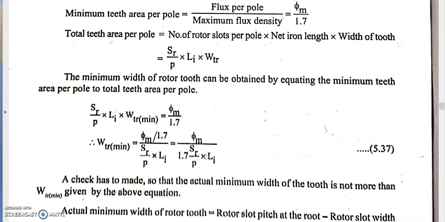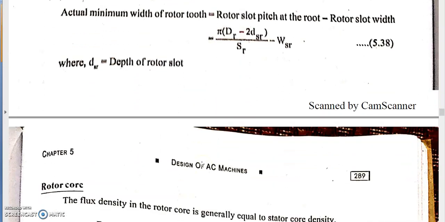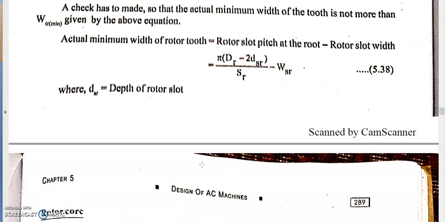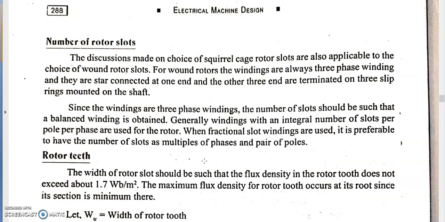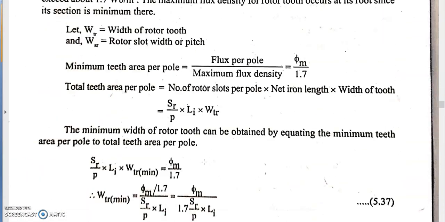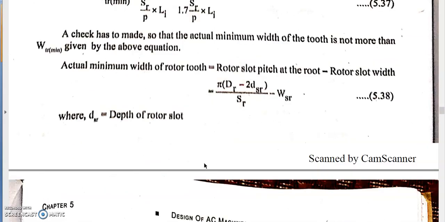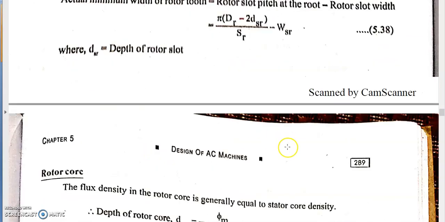So here we have designed the total number of rotor turns, the area of cross section of the rotor conductors, and the total number of rotor slots. That is similar to the squirrel cage rotor. Then the dimensions of the rotor teeth and the dimensions of the rotor slot.